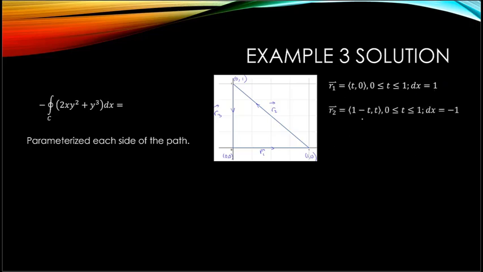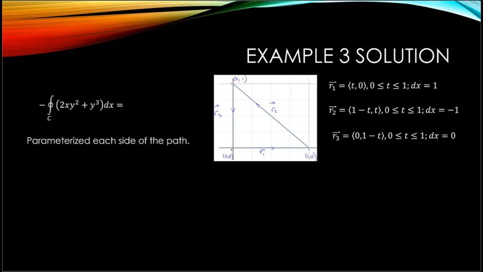R sub 2 is the vector with components (1 minus t, t), with t again ranging from 0 to 1, and my dx in this case is negative 1. And r sub 3 is given by the vector with components (0, 1 minus t). Again, t goes from 0 to 1, and my dx in this case is 0.